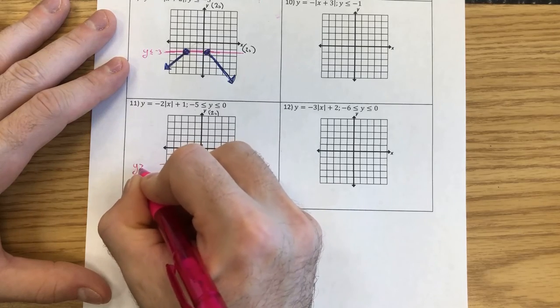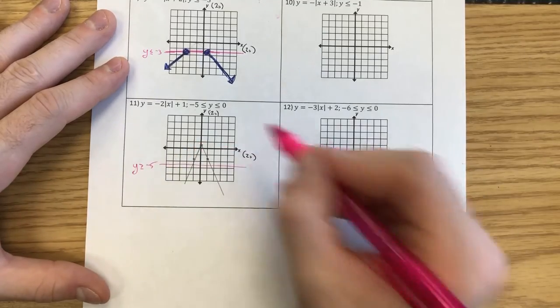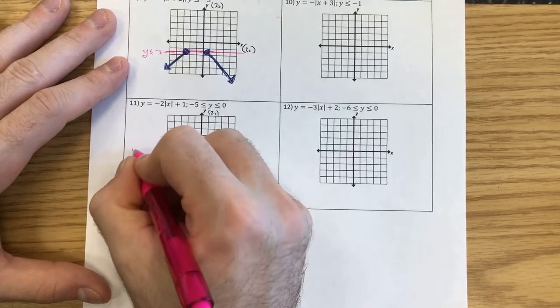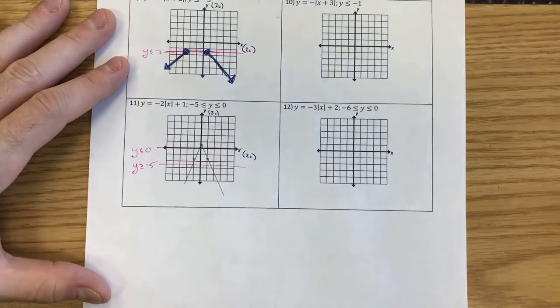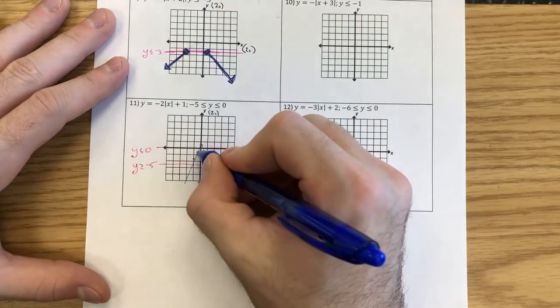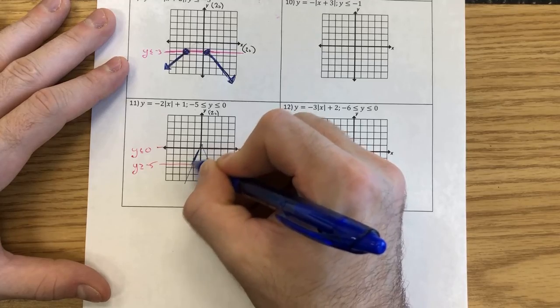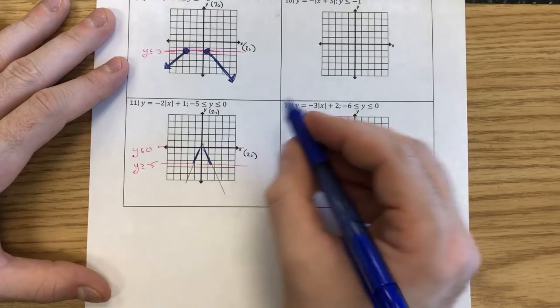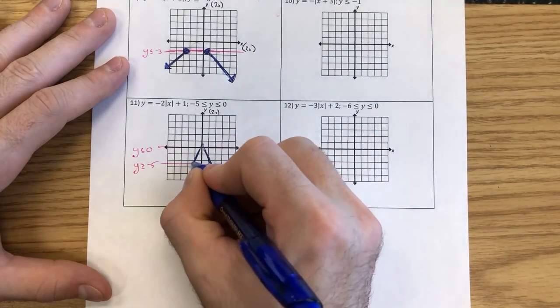So y must be greater than or equal to -5. It's got to be bigger than that line. And y must be less than or equal to 0. Which means that I don't have the point, but I also don't have these extended lines all the way down to forever.